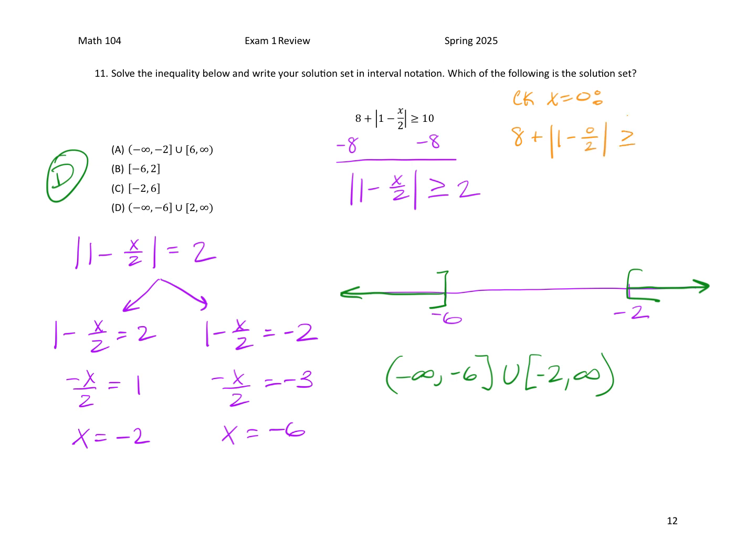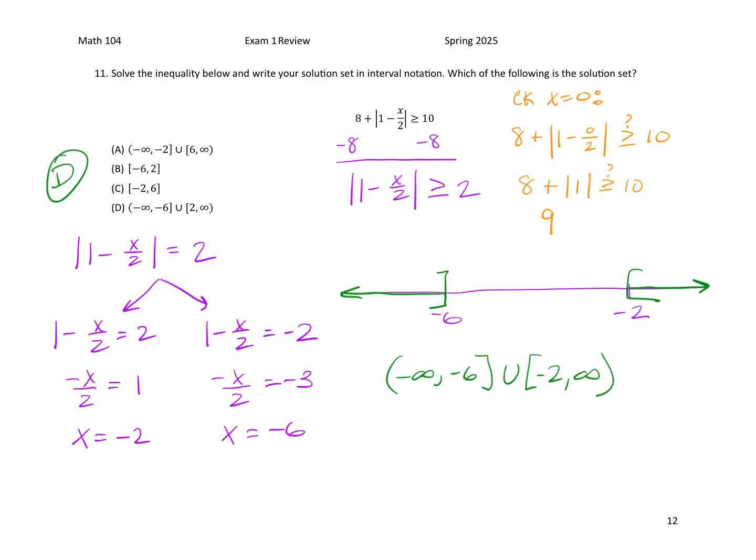Is that greater than or equal to 10? So this is 8 plus the absolute value of 1. Is that greater than or equal to 10? So that's 9, which is not greater than or equal to 10.